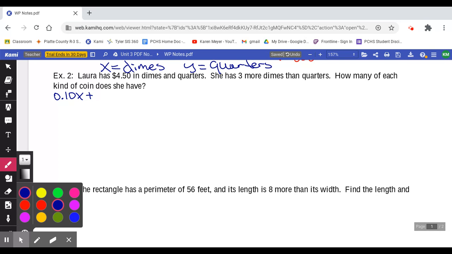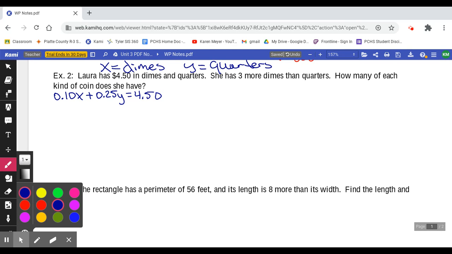Plus, well, what's a quarter worth? A quarter is worth 25 cents. So you would write that as 0.25y equals how much money do we have altogether? $4.50. So that was a little tricky because they don't give you the value of the coins because they expect you to know that.